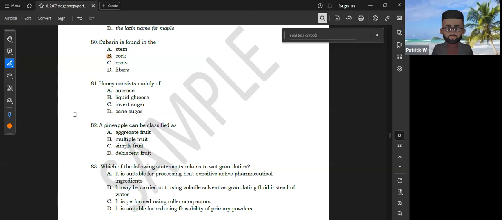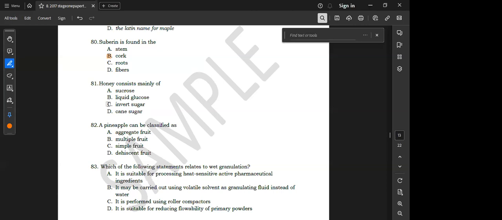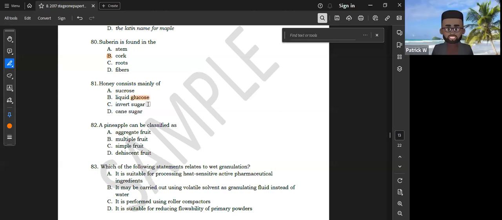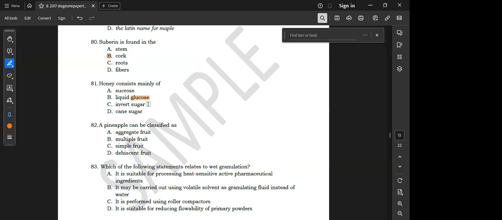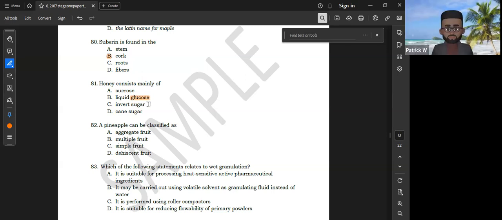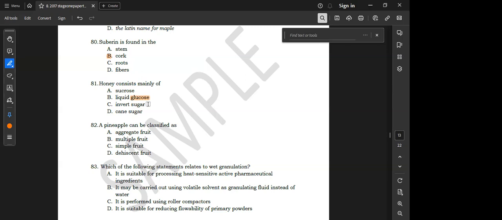C, invert sugar. And the two main types are fructose and sucrose. So C.